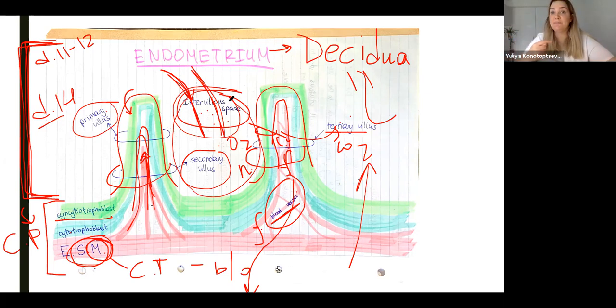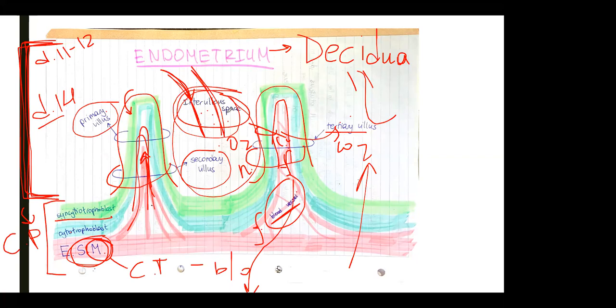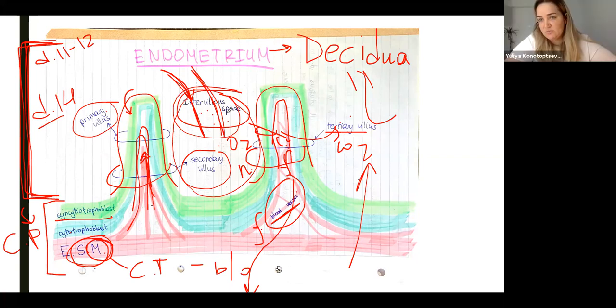But in the early placenta, which is our topic for this semester, it's not called intervillus space, it is called trophoblastic lacuna. So the villi don't matter. Just the space between them is called trophoblastic lacuna. So that's your early phase of placentation.